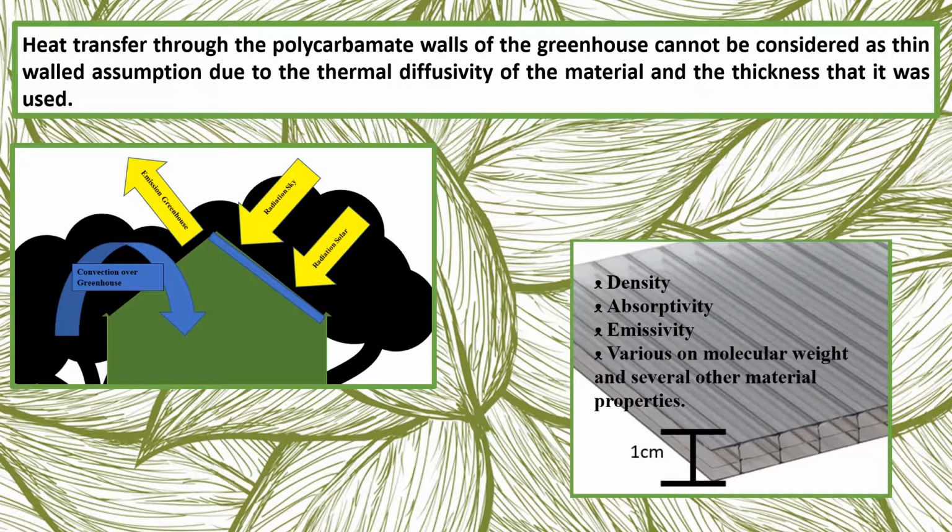As I researched the properties of the greenhouse, I realized that the thermal conductivity of the polycarbonate was only 0.21, which forced me to not be able to make my thin-walled assumption. I also found out that because of this, the thermal absorptivity and thermal emissivity were both also low.